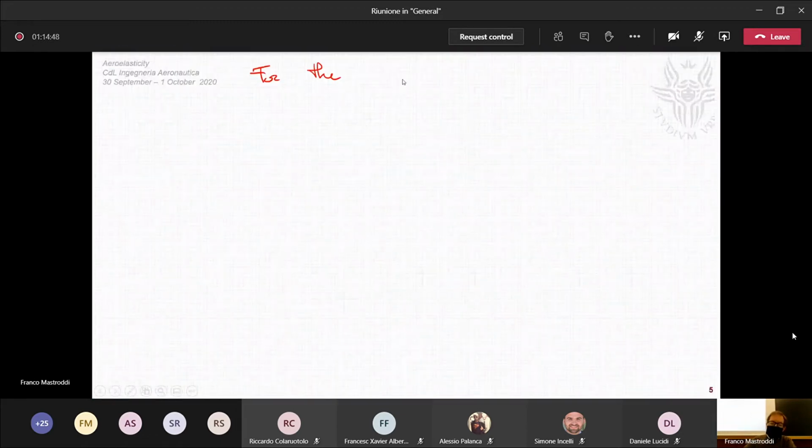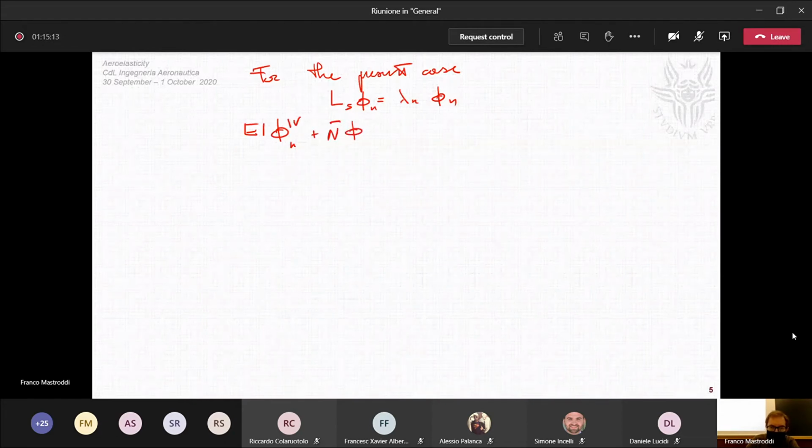Okay. For the present case, L phi equal to lambda phi is EI phi n fourth derivative plus m bar phi n second derivative plus k phi n equal to lambda n phi n.